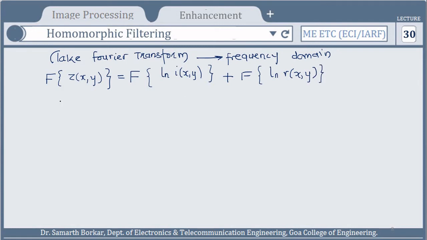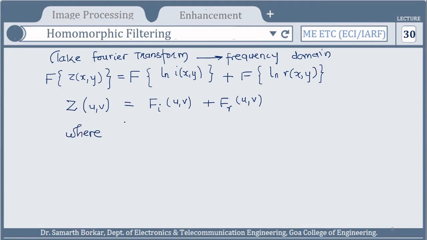Okay. Now here the Fourier transform of z of x comma y can be written as capital Z of u comma v, the variables, and here I can write this as F sub I of u comma v plus F sub r of u comma v.